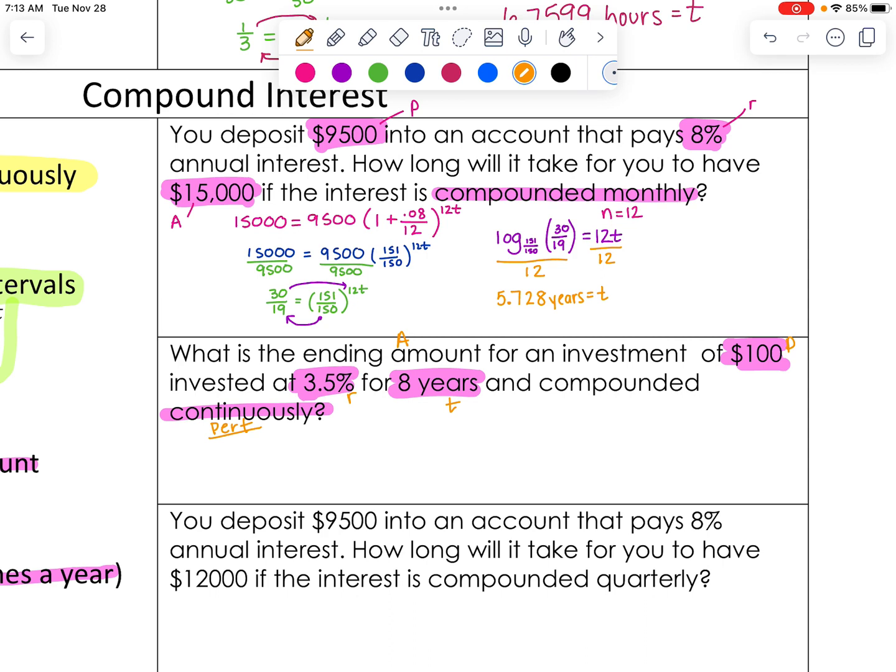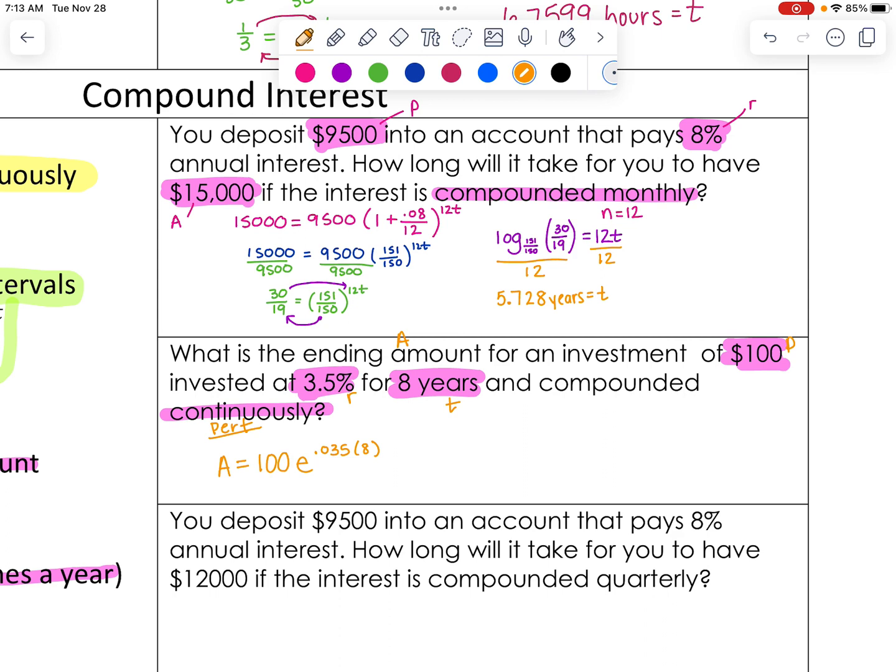All right, so let's plug into the equation. We've got A equals P, which is 100, times e, the base, raised to the power of 0.035, which is r, times t, which is 8. In this equation, we've got all the numbers on one side.